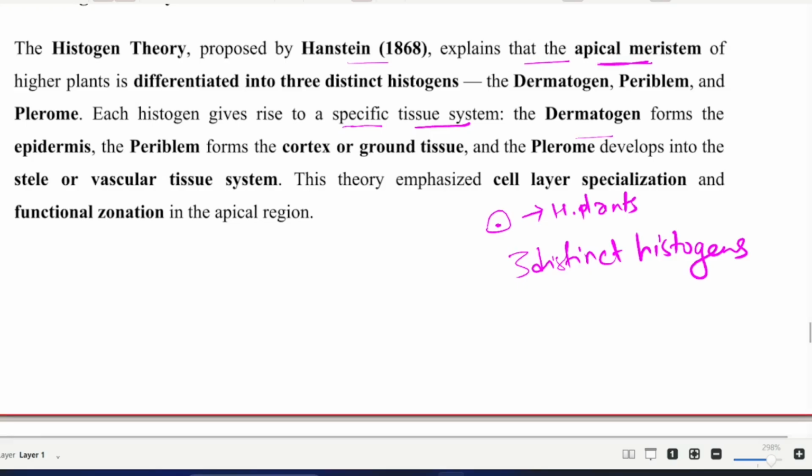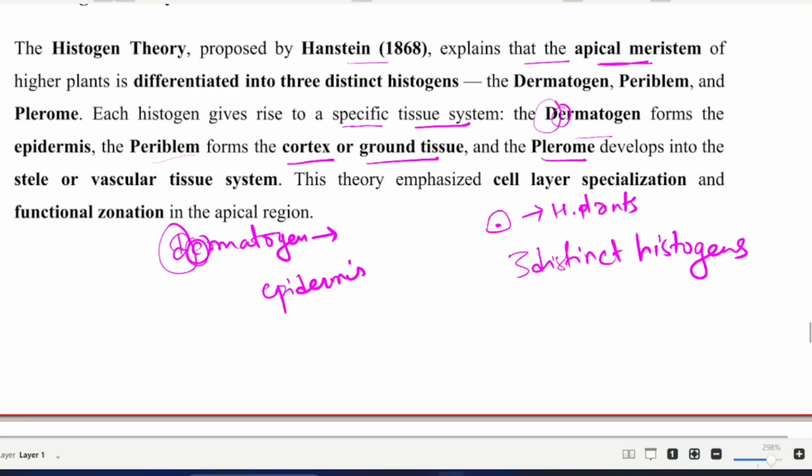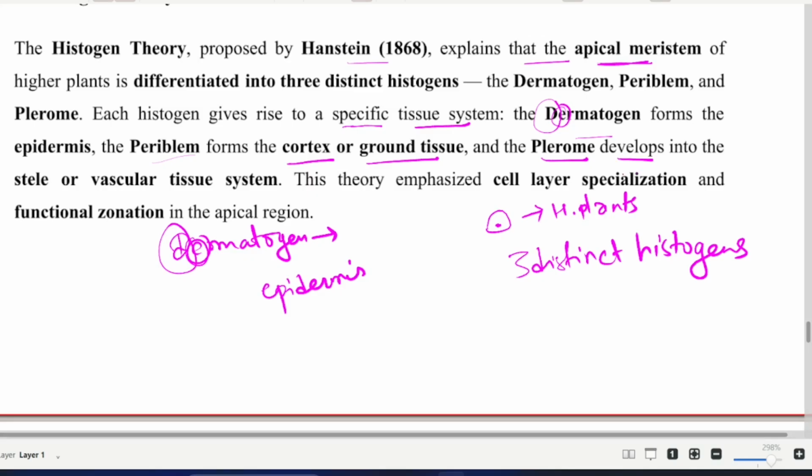The dermatogen forms the epidermis. You can see here dermatogen, E for epidermis. Likewise, the periblem forms the cortex or the ground tissue, and the plerome develops into the stele or vascular tissue.